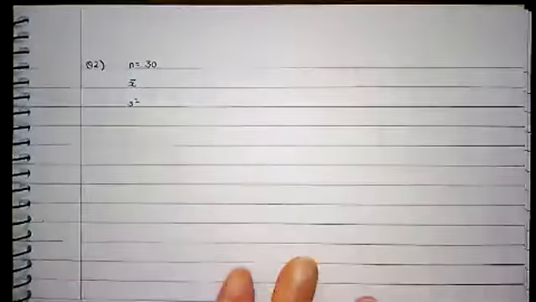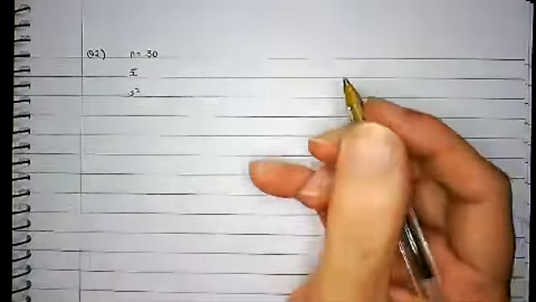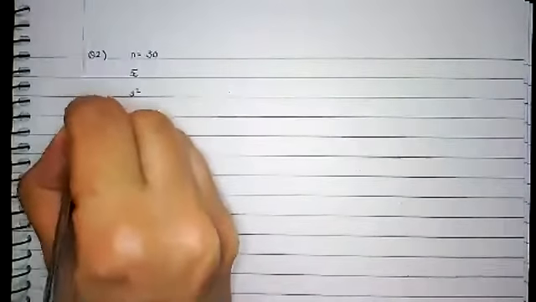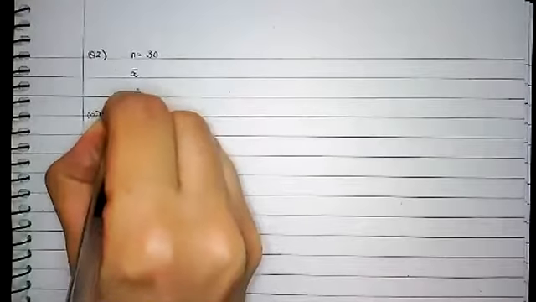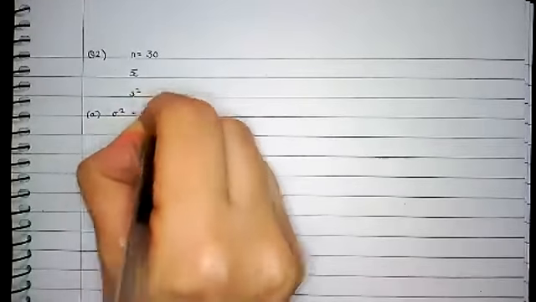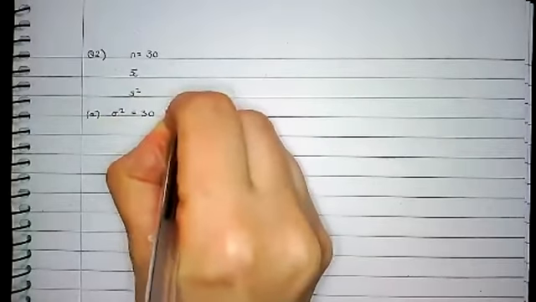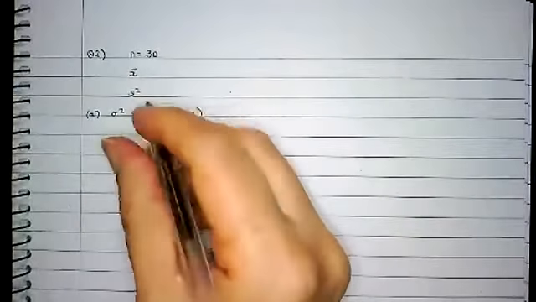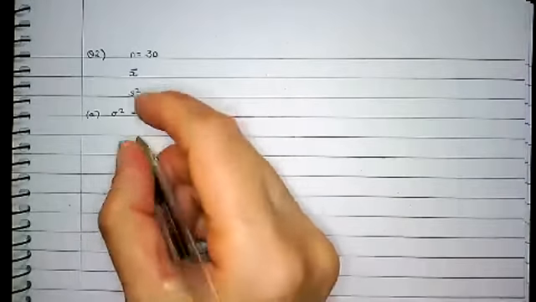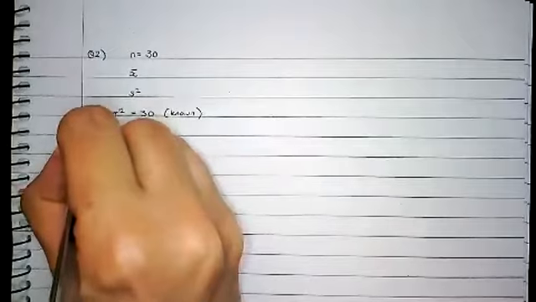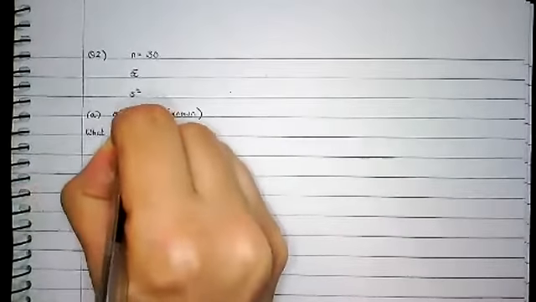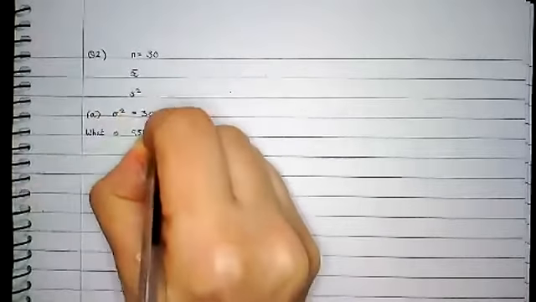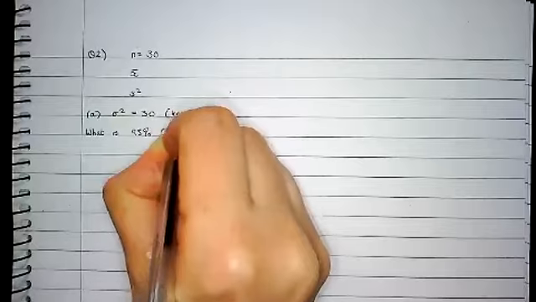In part A, we were told, suppose that we know what sigma is. Sigma squared we know is 30. And we were asked, what is the 95% confidence interval?